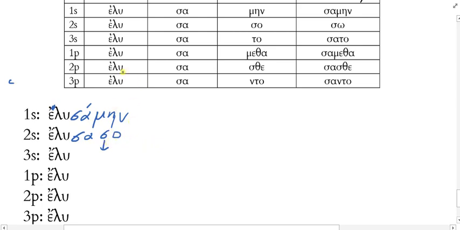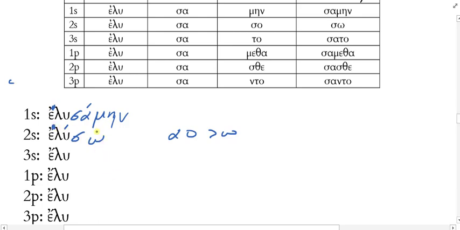And when it does, I'm going to be left with an alpha omicron, and when those two collide, we get contraction. What do those become? They become omega. So what I'm going to be left with is elusaō, which becomes eluō. Now, I'm going to put my accent there on that second to the last syllable.